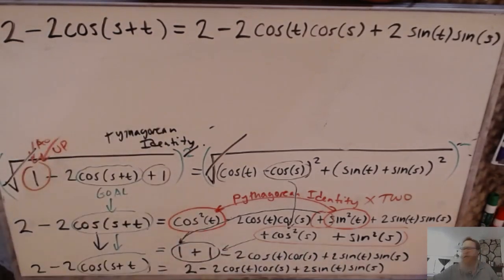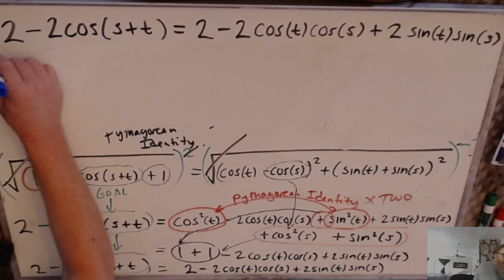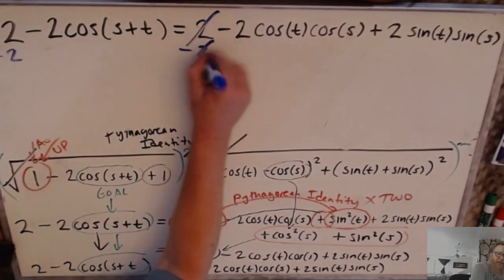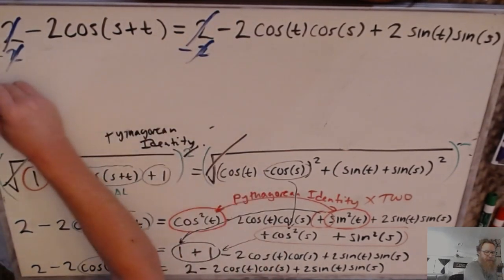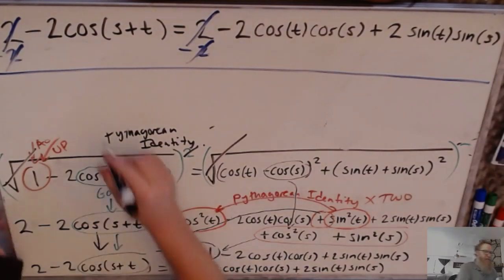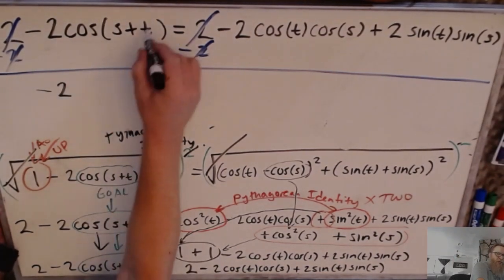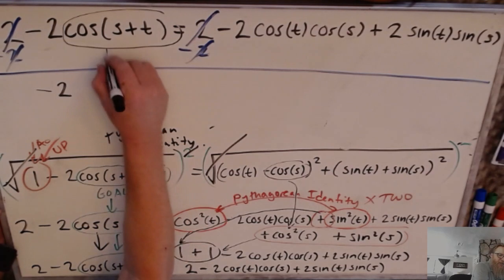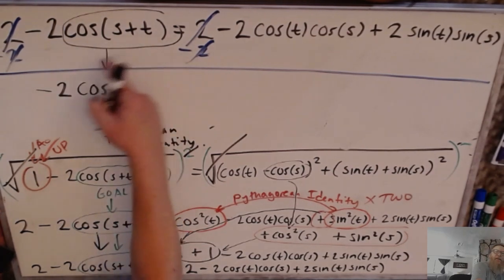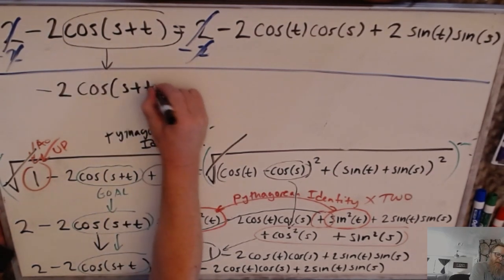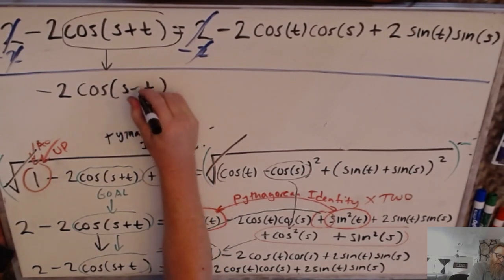So let's just do a couple little easy things. Let's subtract 2 from both sides. Now we're in basic algebra land. Just treat this like your x. You're treating the cosine s plus t like your variable. That's what you're trying to get isolated.